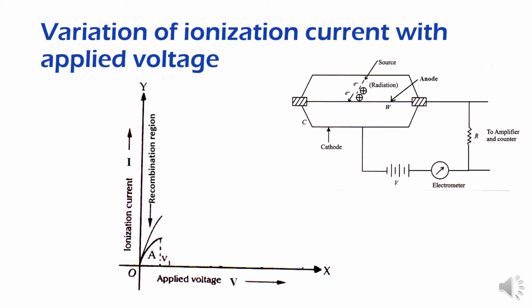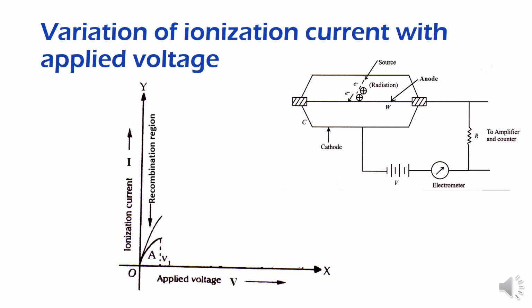When the applied voltage is greater than or equal to V1, there is no recombination in the chamber. Therefore, in the voltage range between 0 and V1, you are going to see the recombination of ion pairs in the chamber.